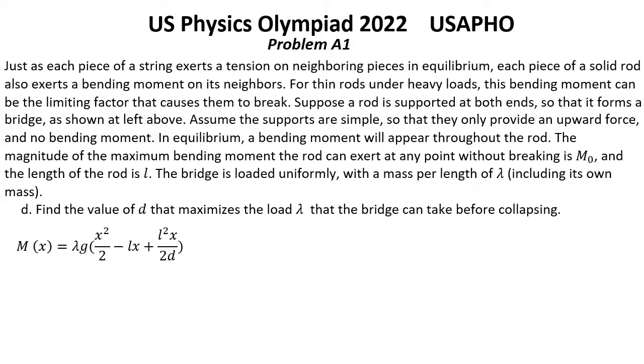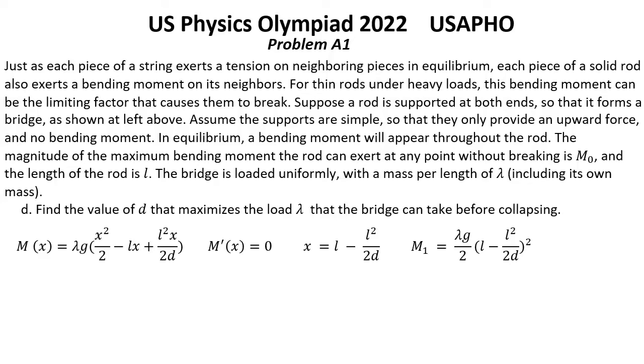Then it reaches a positive maximum somewhere between the two supports, when the first derivative of this function equals 0. This occurs when x equals L minus L squared over 2d, at which point there is a bending moment of M1 equal to this expression. As a check, we recover the answer to part B when d equals L, and this is correct.